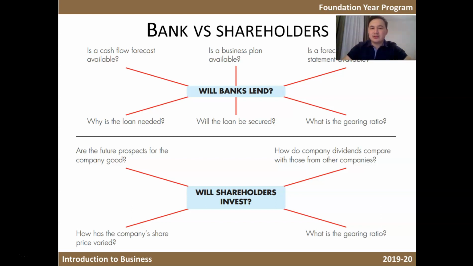If you're borrowing $1 million, the banks will say, you're a good company, but we want to guarantee that if things go wrong, we can take your asset, sell it on the market, and at least return our $1 million. They also look at the gearing ratio. If you already have a lot of debt, banks might be very reluctant to give you additional money.